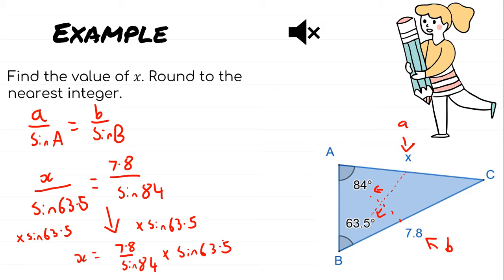Now, this looks pretty ugly, but this is a case of putting this into your calculator. So I'm going to do that. I'm going to use the fraction button on my calculator to make it easier to put this in, because I'm less likely to make a mistake if I use the fraction button.